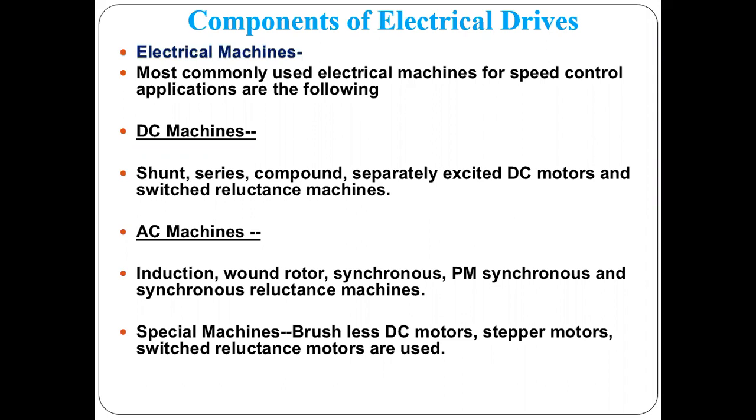The DC machine is also classified into various types like shunt motor, series motor, shunt compound, separately excited motor, and switched reluctance motor. The AC machines include induction, wound, synchronous, PM synchronous, and reluctance machines, and special machines such as brushless DC motor, stepper motor, and SRM, known as switched reluctance motor. These machines are basically used in electrical drive systems.